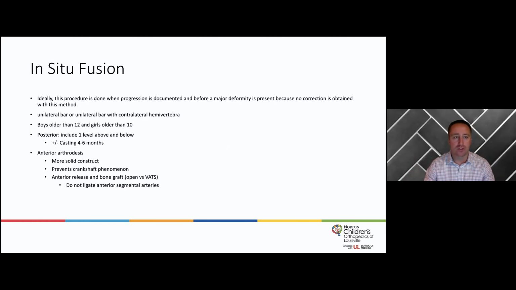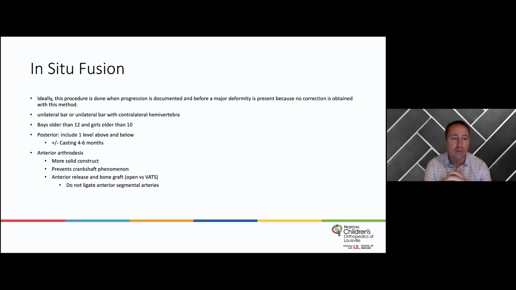So an in situ fusion, that's where we talked about you have a deformity and you're just going to fuse it right where that is. And when you would do this is before a major deformity is present, or if you think the deformity is in an area where it's too dangerous to maybe take out the deformity.